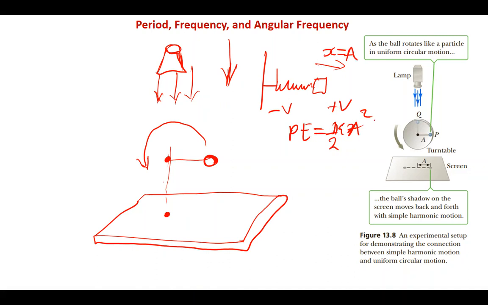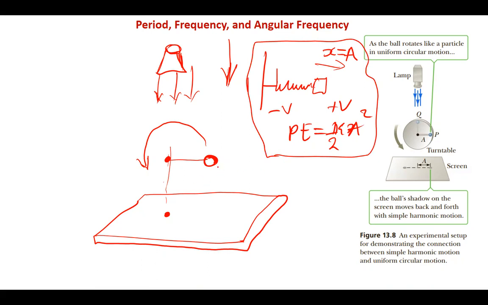We don't use X, we use A instead of X. So you should take note of all these. You have to make sure that you know this concept of a spring.